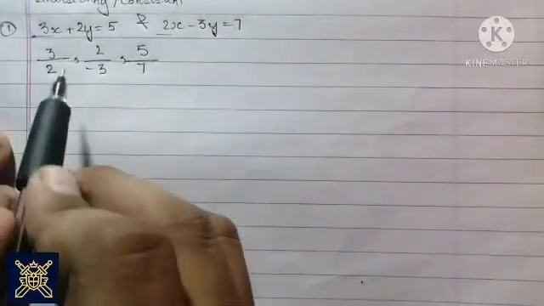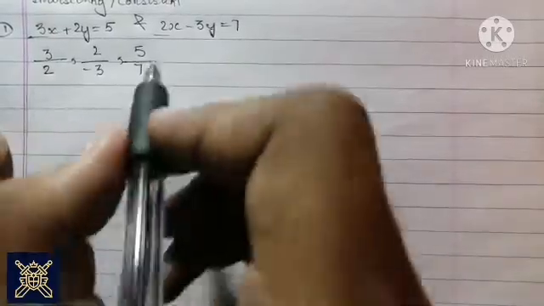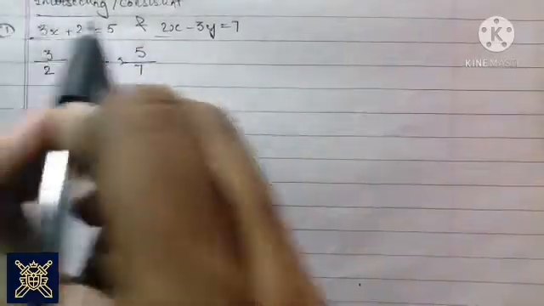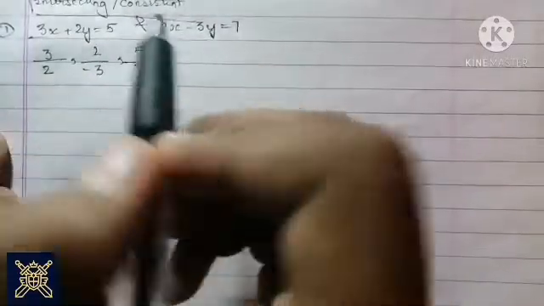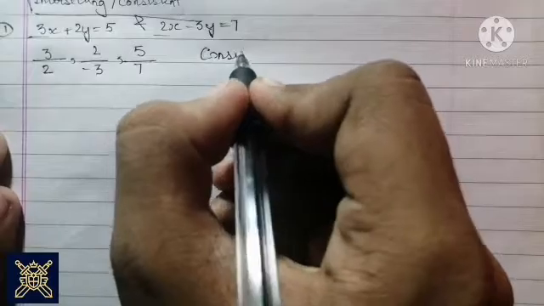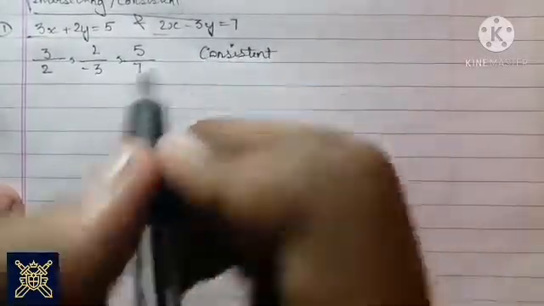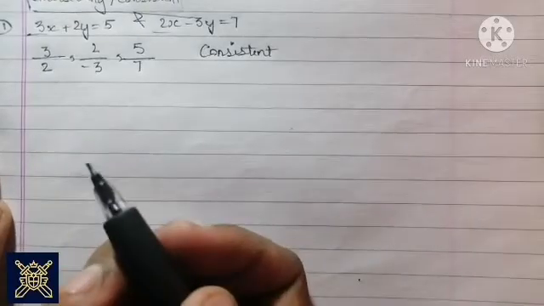As you can see, the first two ratios are not equal, therefore we take the first situation, intersecting, consistent. Therefore the given two lines are consistent. This is a very easy question, you just don't have to do anything.